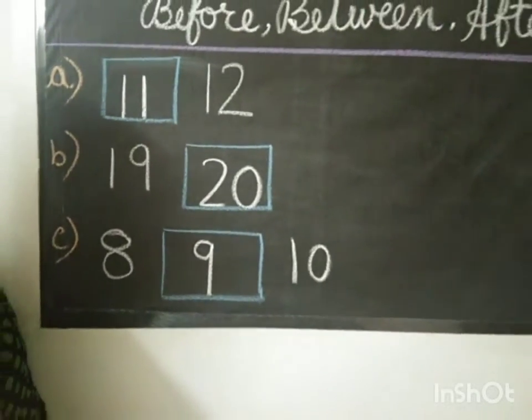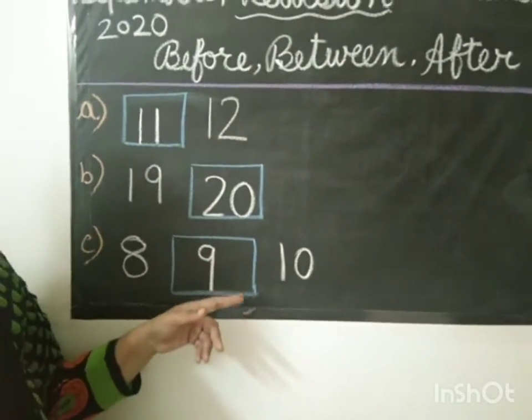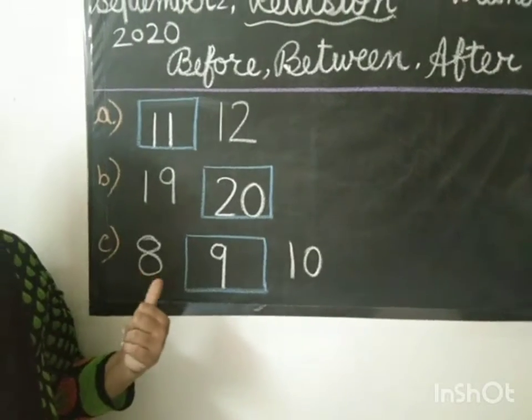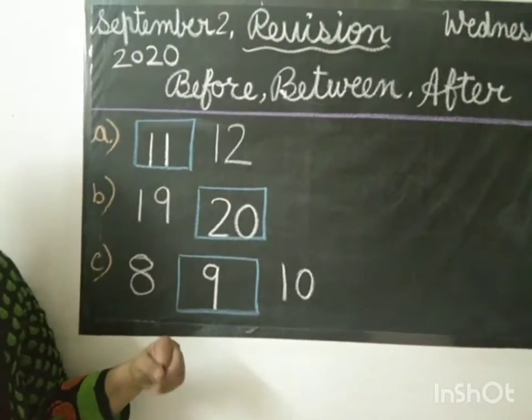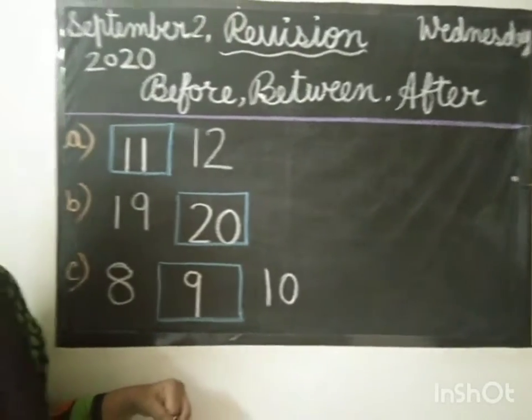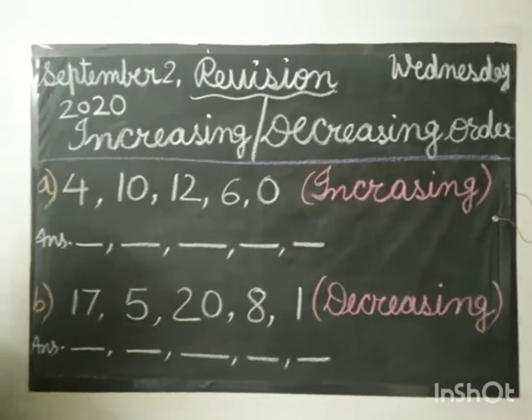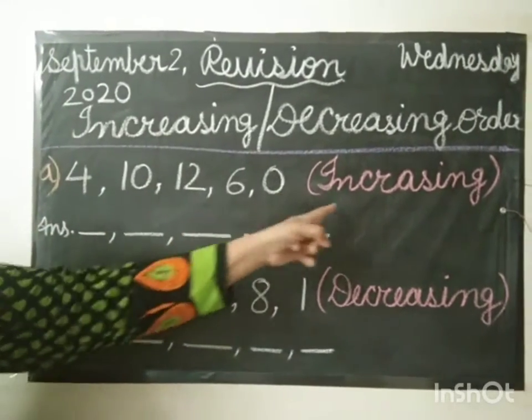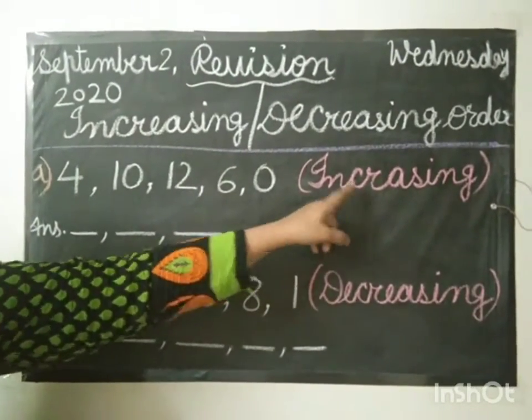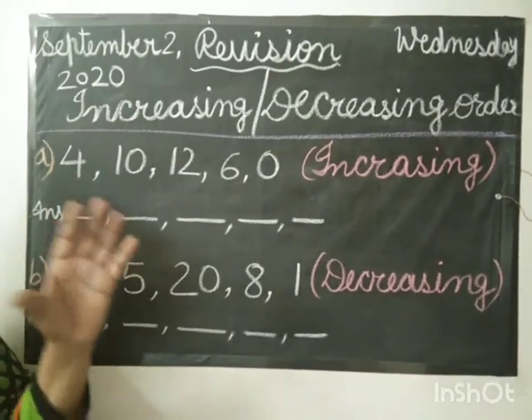I hope you all understand what you have to do if this type of exercise comes in your test paper. Okay. Now we will revise ascending order and descending order. Now we will arrange these numbers in increasing order. Increasing means small to big.